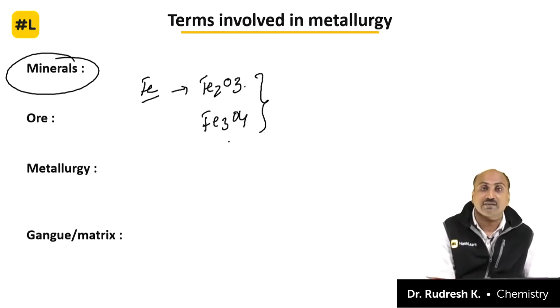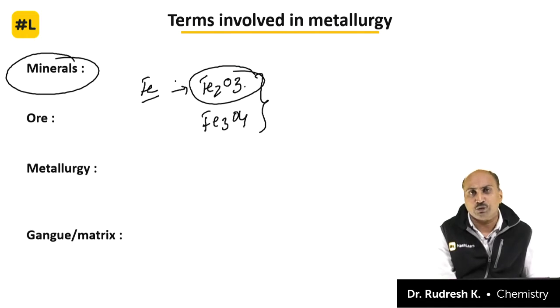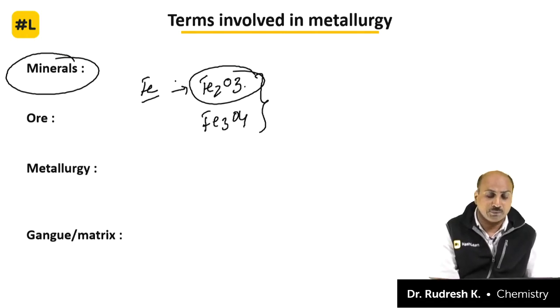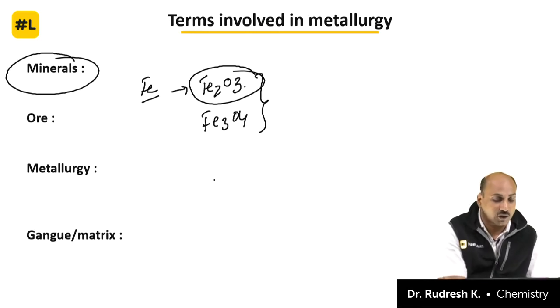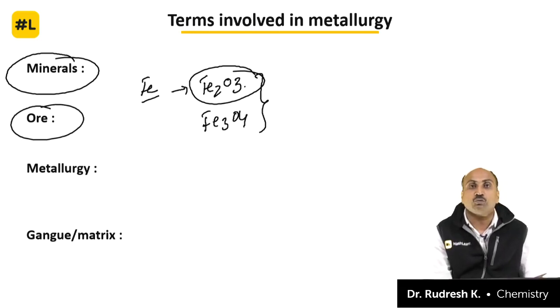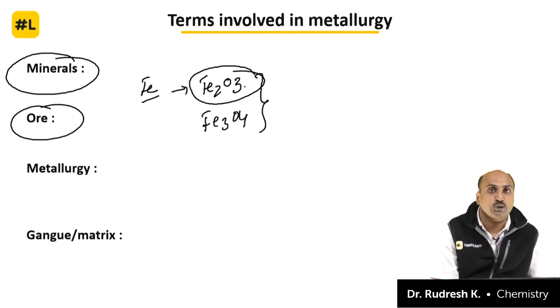From both we can extract iron, but we go for the first one, Fe2O3, called hematite, because from it an element can be extracted economically and with a higher yield. That is where those substances are called ores. That is the reason for the slogan, all of you know: all white things are not milk, but milk is white. Similarly, ore is also like that. All ores are minerals, but all minerals are not ores. This is what you have to remember here.